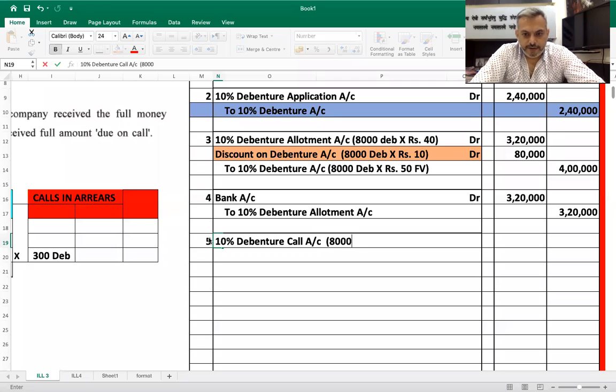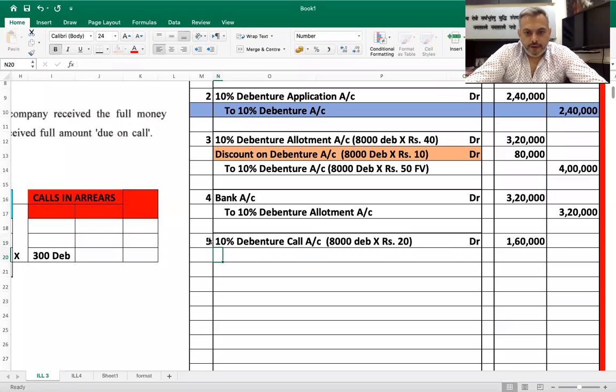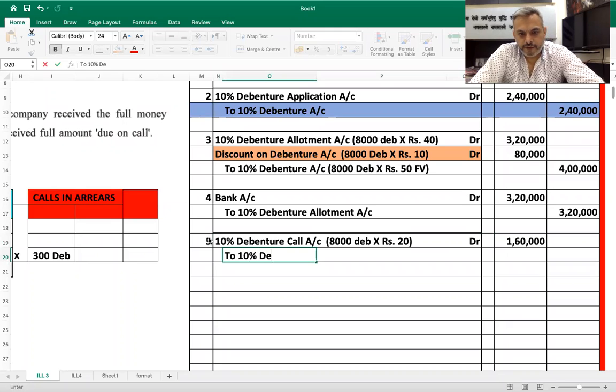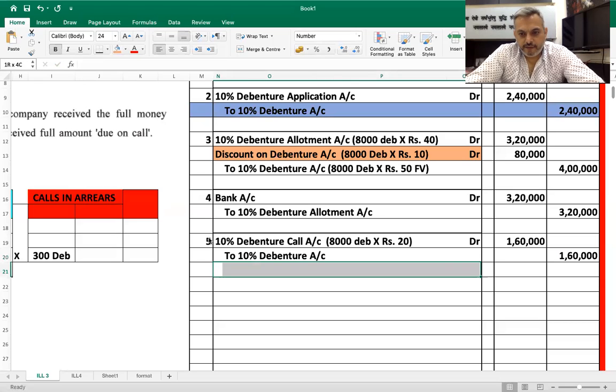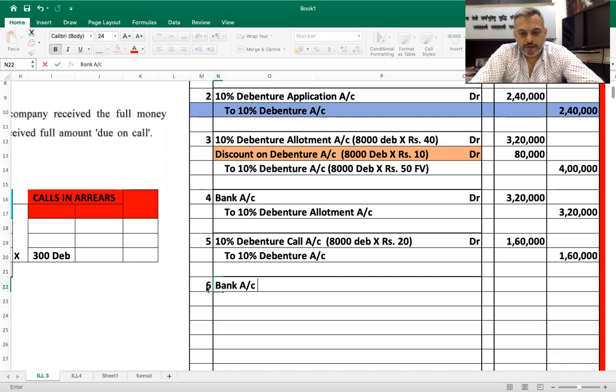So again 8,000 debentures into rupees 20 per debenture. 1,60,000 to 10% debenture account, 1,60,000. Now sixth, bank account.